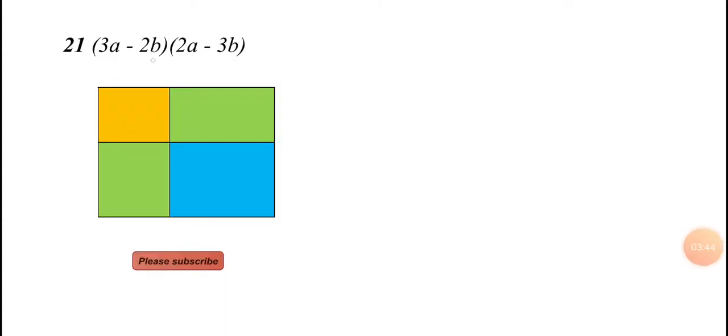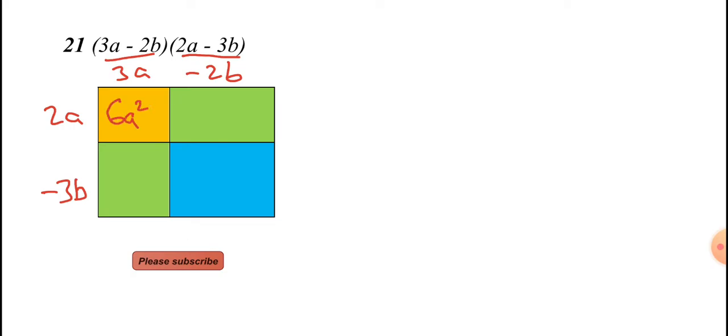Question 21. 3a minus 2b, so 3a goes on the top, minus 2b goes there, and then 2a minus 3b, the 2a will go here, and the minus 3b will go there. So in the yellow section, it's going to be 2a times 3a, which is 6a squared.